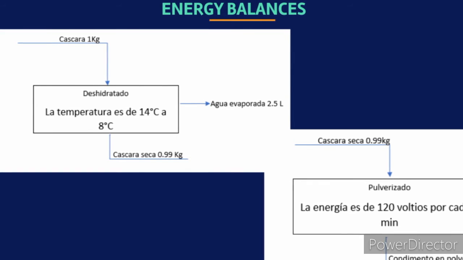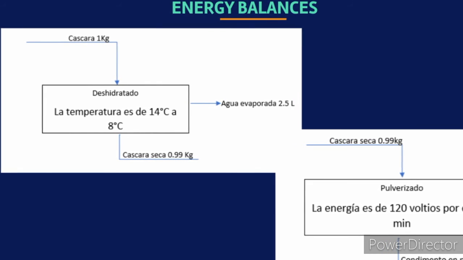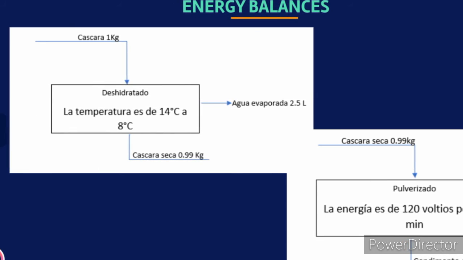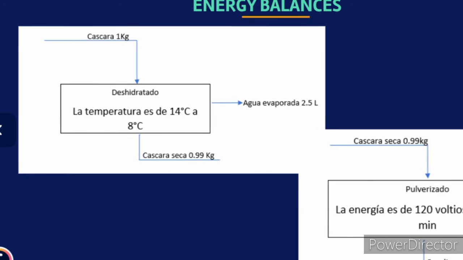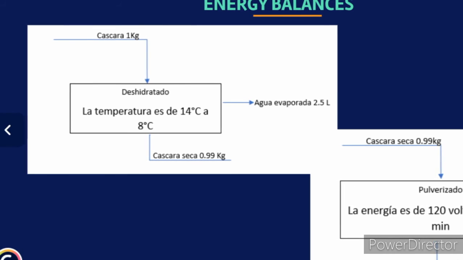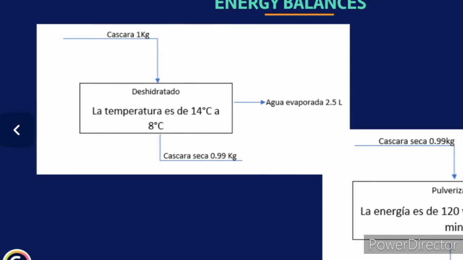On the pulverizing of the beef, the machine that we will use will heat up a little. Then the sensible heat is 35,000.